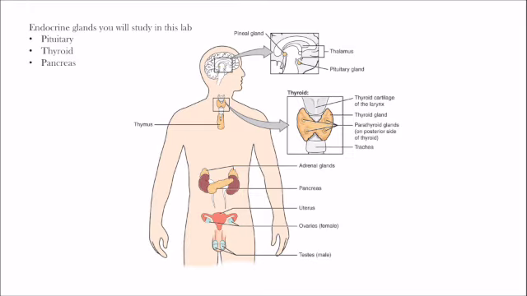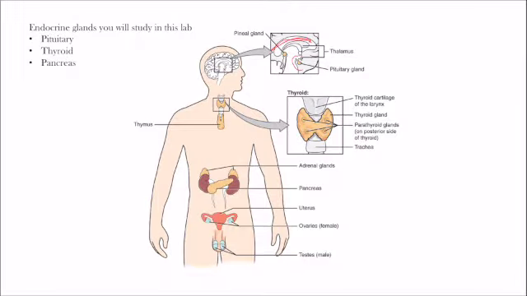These endocrine glands are ductless glands that secrete hormones directly into the bloodstream. Each gland produces specific hormones that act on target tissues which have matching receptors. So this hypothalamus, in this area over here, links the nervous and endocrine system and controls the pituitary gland.